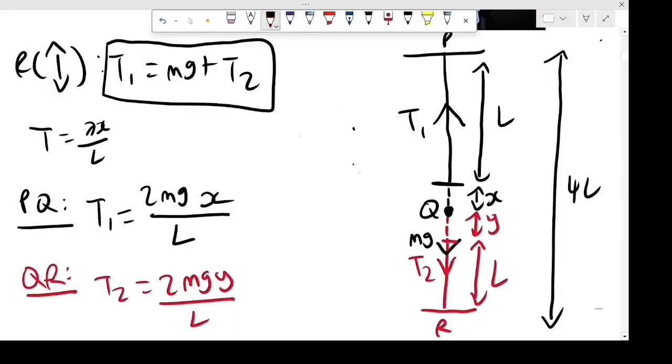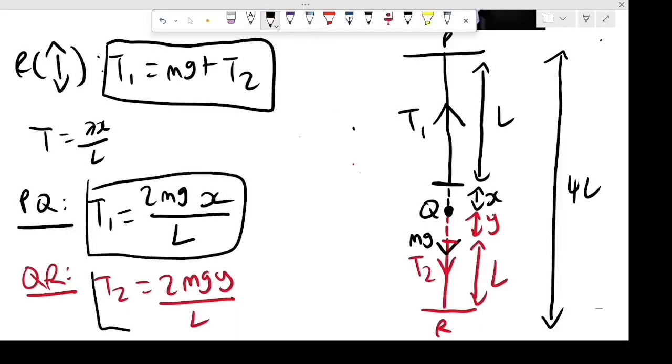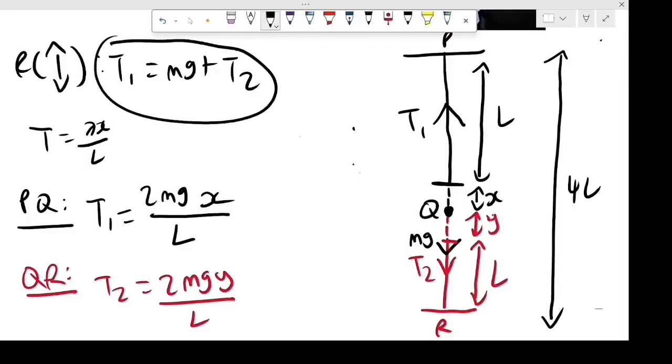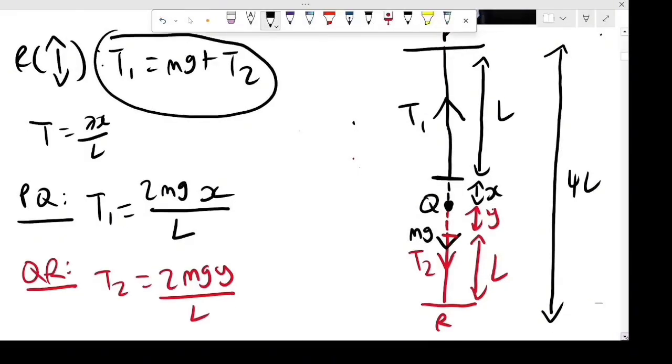So from these three equations I've got here, I know what T1 and T2 are, so I can sub them in.